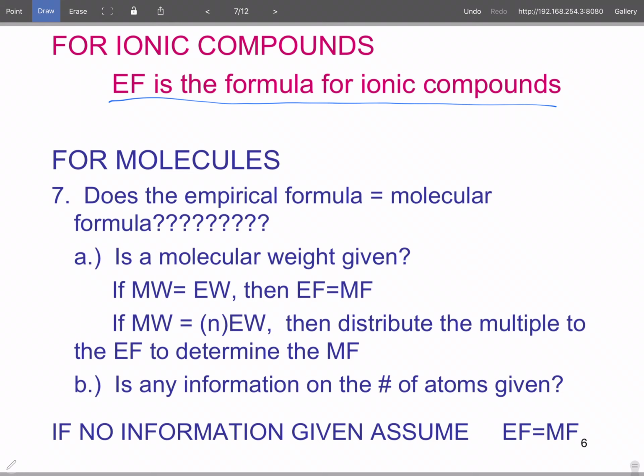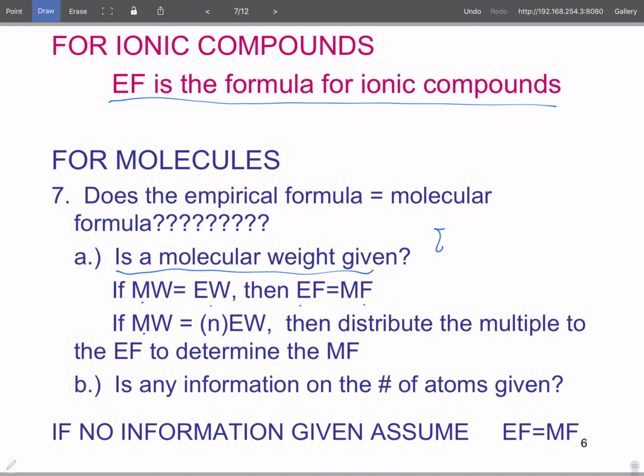For molecules, it begs the question, does the empirical formula equal the molecular formula? There are a couple ways to do this. The common way is, is there a molecular weight given? So if the molecular weight equals the empirical weight, then they're the same. If the molecular weight is equal to a multiple of the empirical weight, then you distribute it.